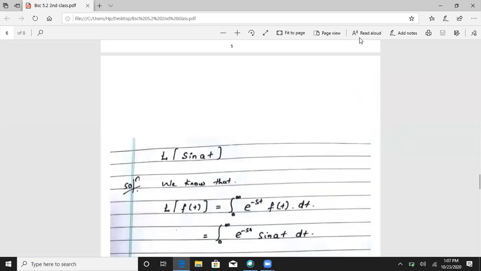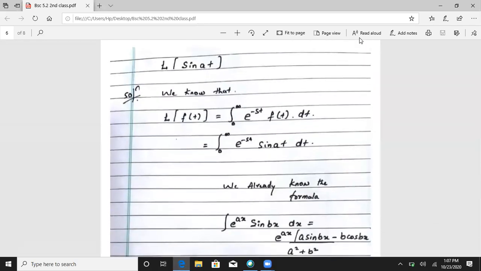The next one is, okay, this is an important one. The Laplace transformation of sin at. Here f of t is sin at.